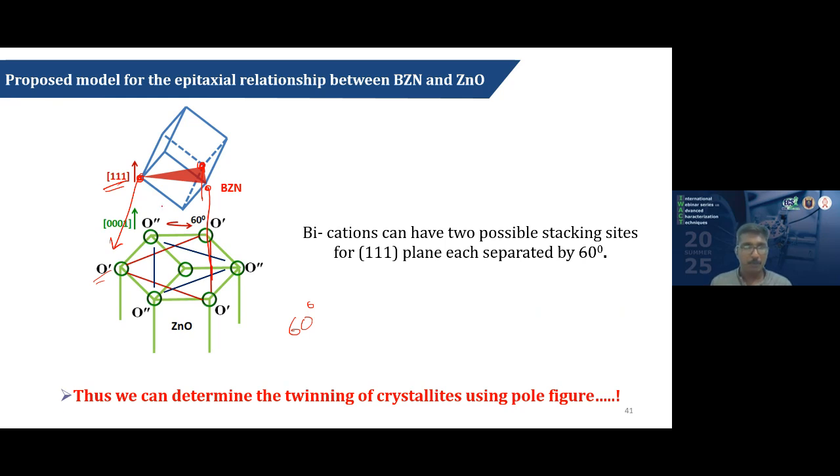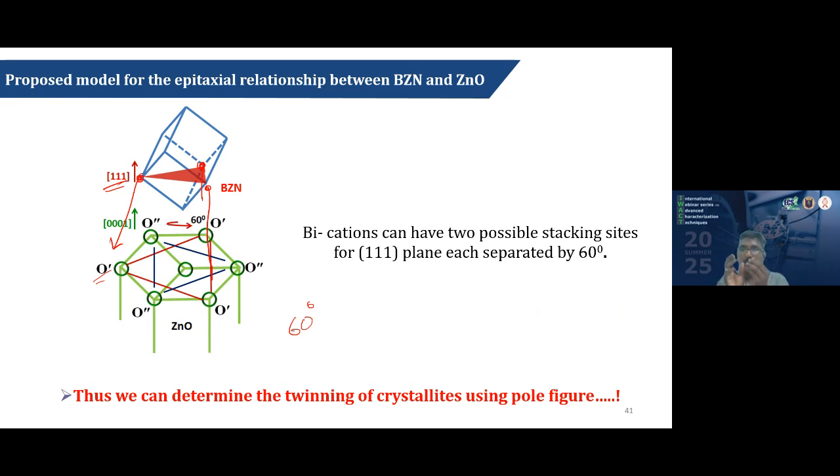Either these 111 oriented peaks come to the O dash sites in this direction, or the O double dash sites, which are 60 degree tilted. That means here the bismuth cations can have 2 possible stacking sites separated by 60 degree.